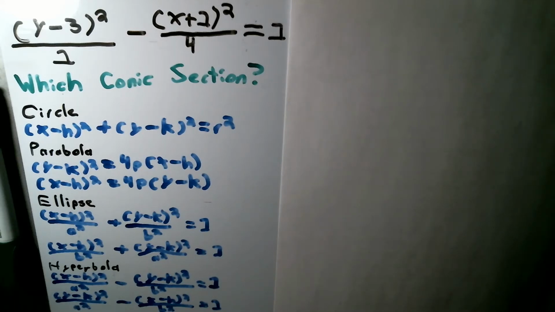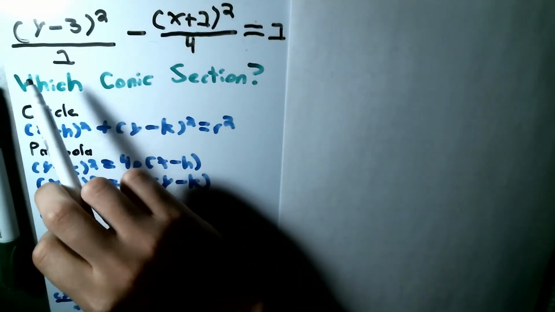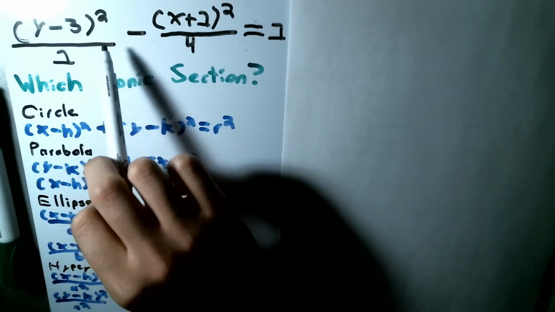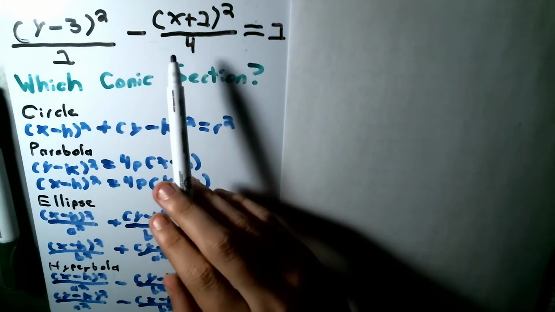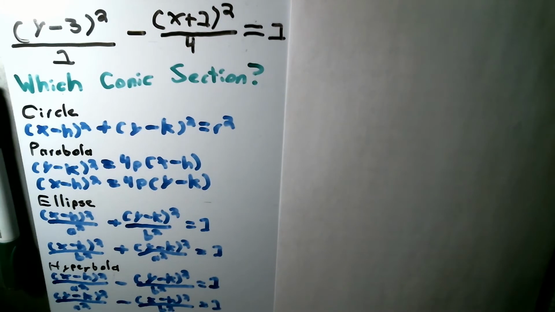Alright, today we will explain how to graph this equation right here: (y − 3)² / 1 − (x + 1)² / 4 = 1. This is a conic section, but we are not sure what kind, so let's see which one it is.